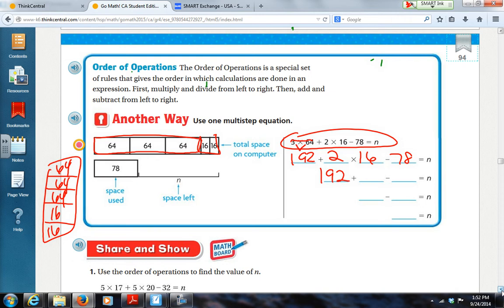I need to solve all the multiplication problems, right? What multiplication problem is left, Daniel? 16 times 2? Good. So I'm going to solve this, which is what? It's 32. Okay. Now what do I do? So I'm building kind of like a pyramid. Carolina, what do I do next?